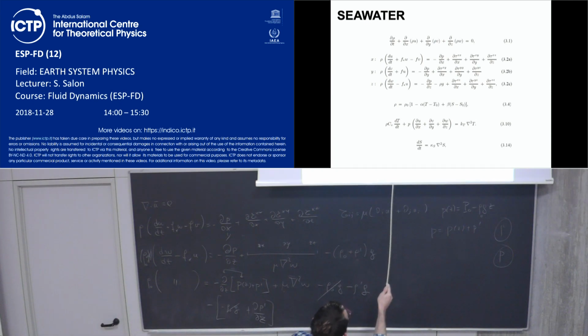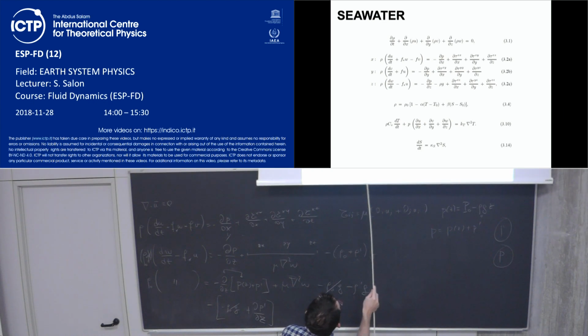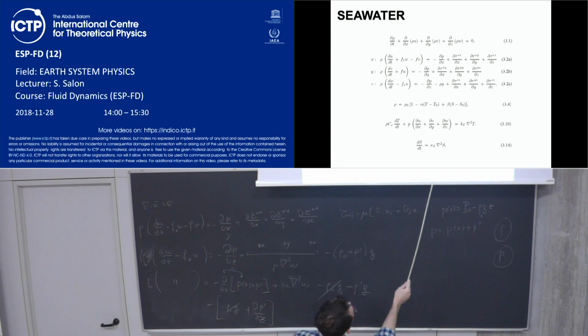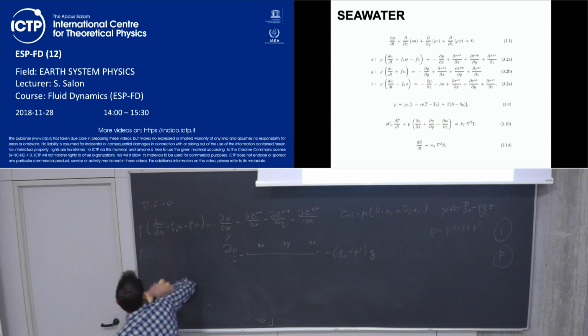For the seawater and for the air, this term can be neglected. So what we have is just dT/dt, the time derivative of temperature, which is equal to its diffusion. So the energy equation actually becomes a diffusion equation of the temperature.